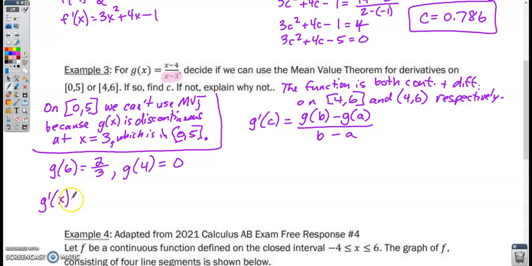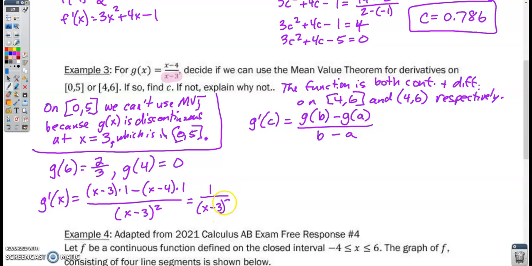So g prime of x is equal to low times the derivative of high minus high times the derivative of low, square the bottom, and away we go. And if we simplify all of that, we end up with just 1 over the quantity x minus 3 quantity squared. So setting up our g prime of c is equal to g of b minus g of a all over b minus a.